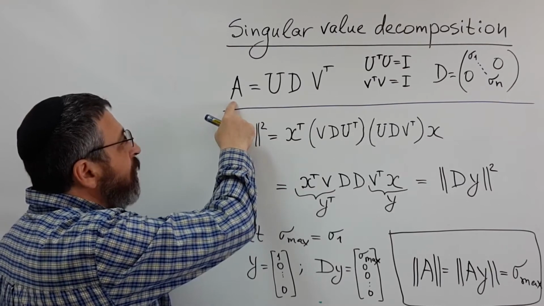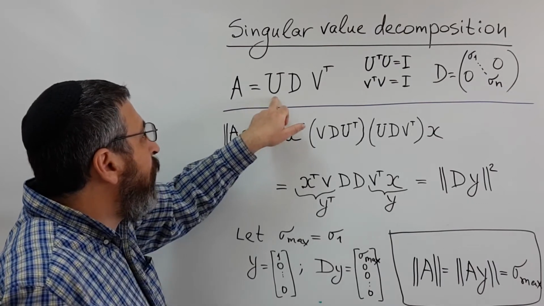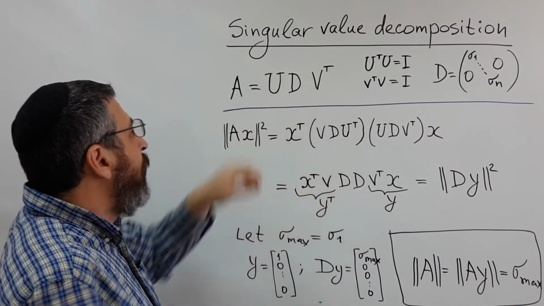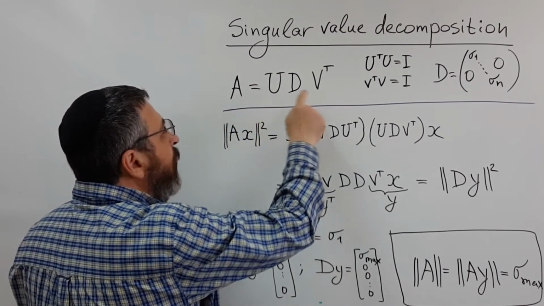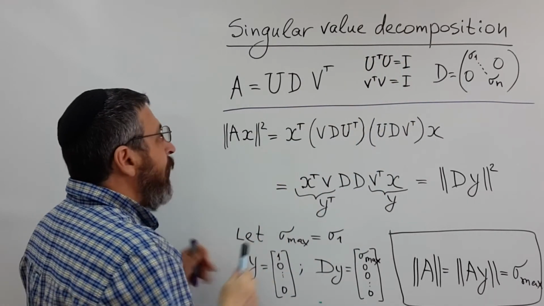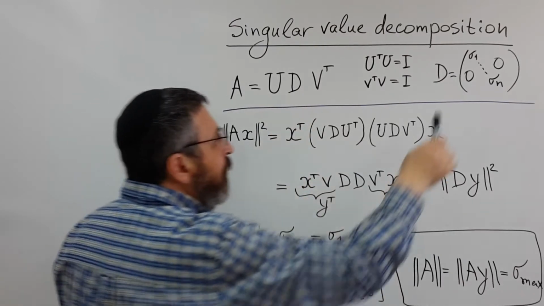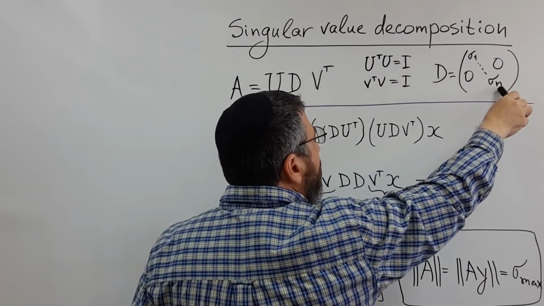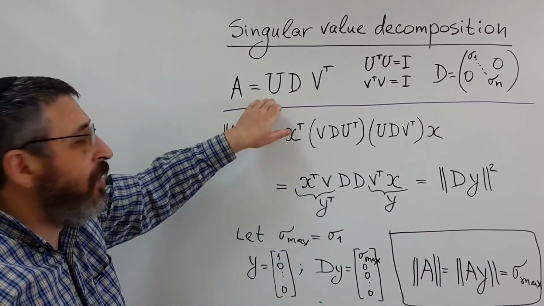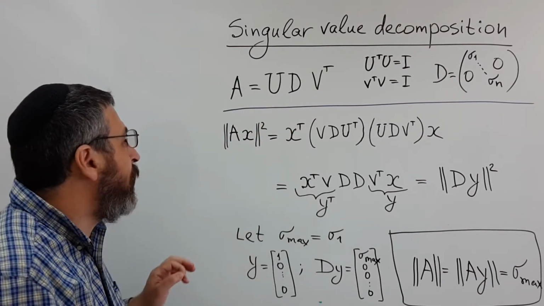Suppose we have a general matrix A, and we can decompose it into a product of three matrices, where matrix U and matrix V are orthogonal, and matrix D is diagonal with non-negative entries sigma 1 to sigma n. If you have such a decomposition, it's very easy to compute the norm of the matrix.